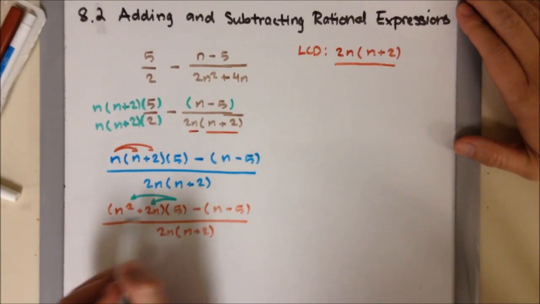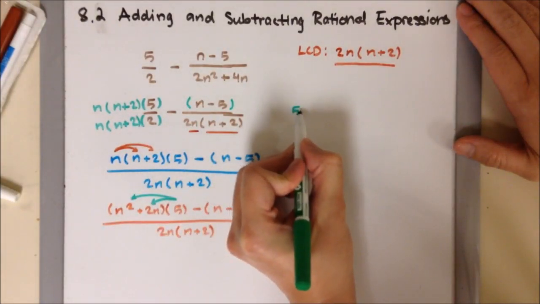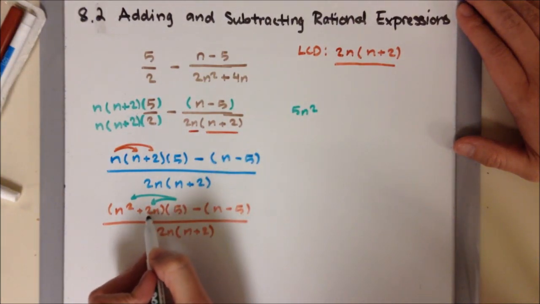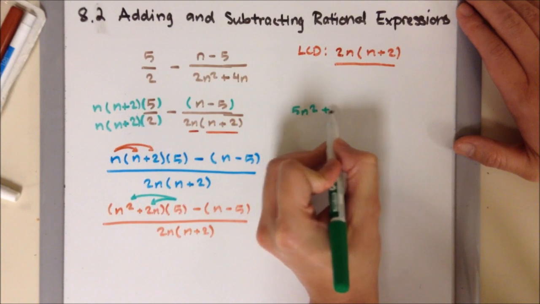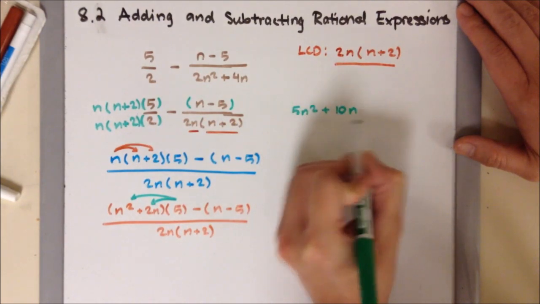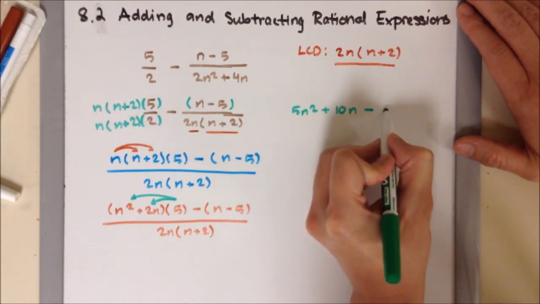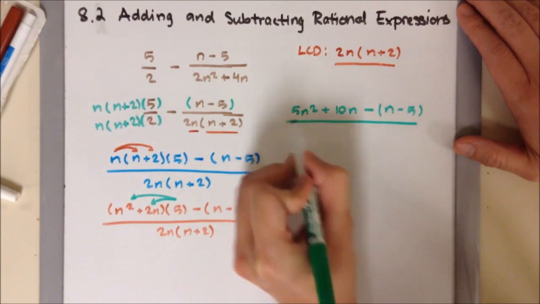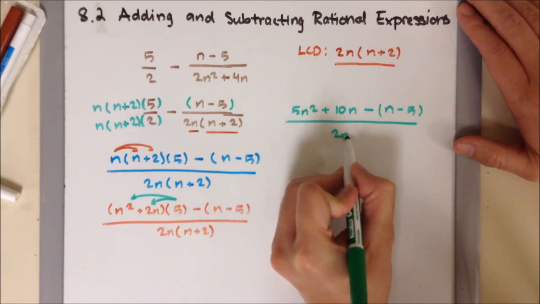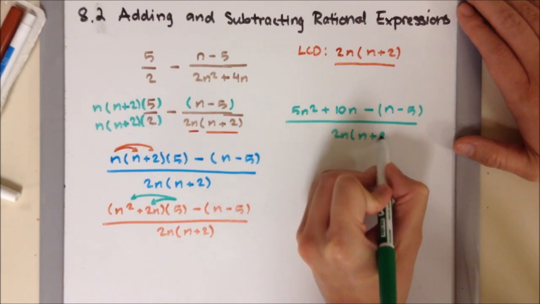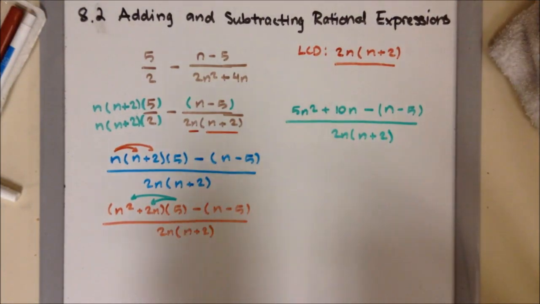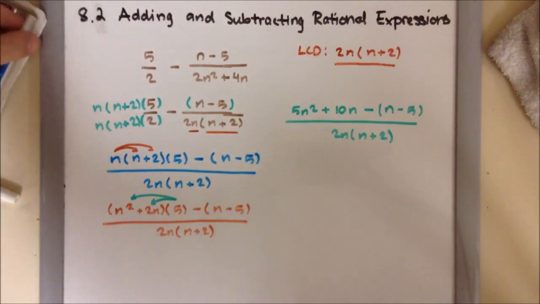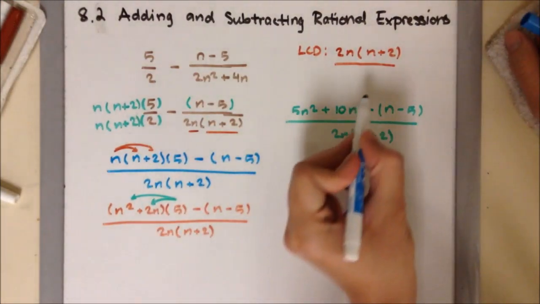When I distribute the 5 to the n squared, I'm going to have 5n squared, and 5 times 2n is positive 10n, and I don't need parentheses anymore, minus parenthesis n minus 5, over my LCD 2n times n plus 2. What's different with this example compared to the previous example is that now I'm going to distribute my minus to the n minus 5.